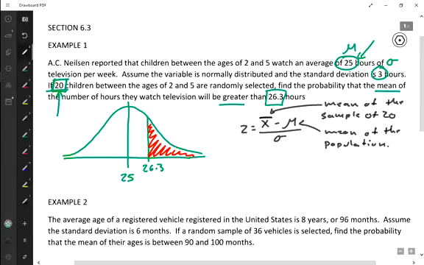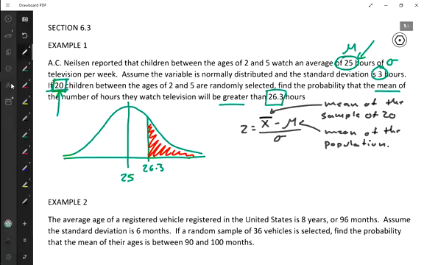So we know that the whole population of children between 2 and 5 watch an average of 25 hours a week. But if I take 20, are those going to average exactly 25? Well, no, it's going to be a little less, a little more, because of just random variation in different samples. What if all of a sudden you sampled and the 20 you randomly selected didn't even have TVs at home?